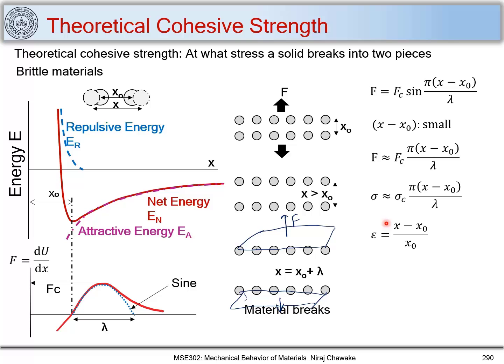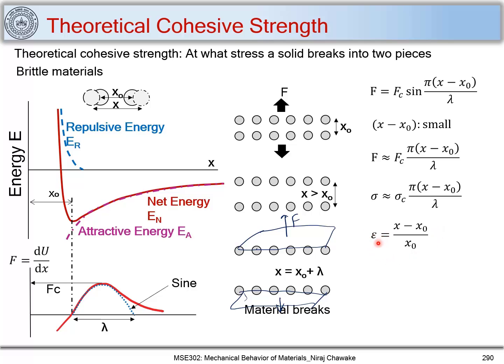Now we can write strain to be x minus x naught upon x naught. From this relation you can find the strain. You are stretching by x, the original length is x naught, and you divide by the original distance to find the strain.